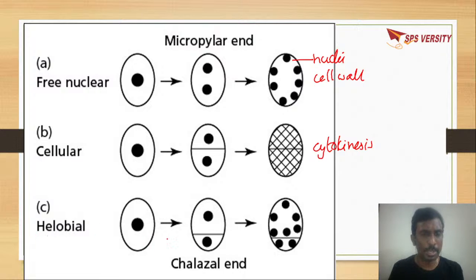When you come to helobial endosperm, towards the chalazal end, the cell wall formation starts. Here you can see the cell wall formation, which proceeds towards the micropylar end, which is called helobial endosperm.